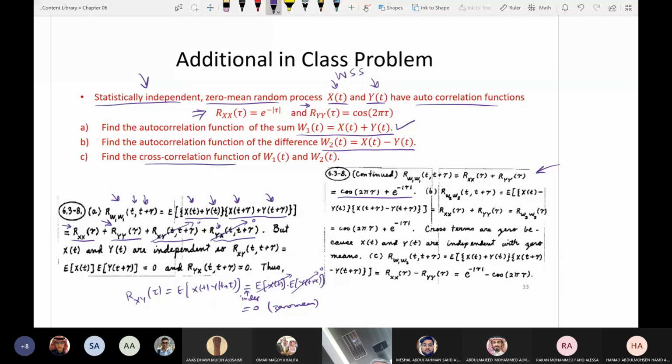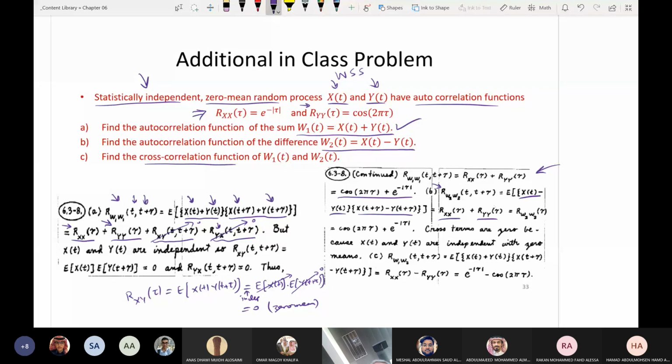We start with the autocorrelation function of W2 at t and t plus tau, which is the expected value of the difference signal multiplied by the difference signal at t plus tau. Repeating the same by multiplying the different elements, we get the autocorrelation function of x plus the autocorrelation function of y plus the cross correlation function minus the cross correlation function, which is 0.